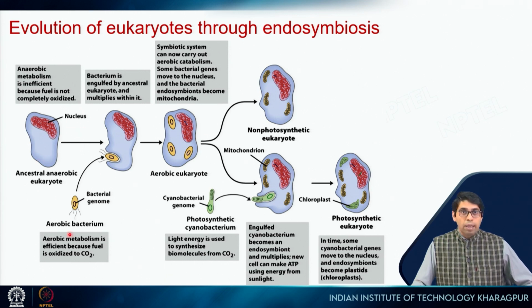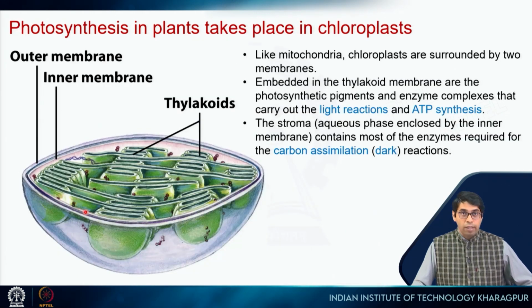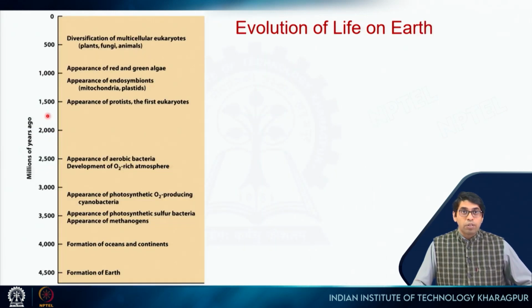Now something interesting happens. This is an aerobic bacteria. If I go back, aerobic bacteria has already appeared almost 1.5 billion years ago. So there is aerobic bacteria and there are the eukaryotes, and between this time, the aerobic bacteria is taken up by the eukaryotes.